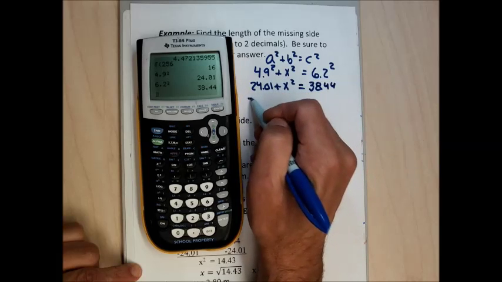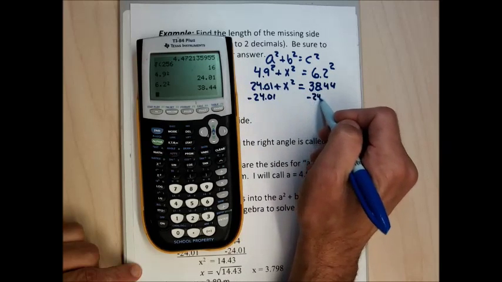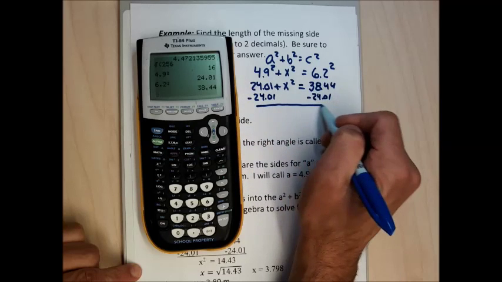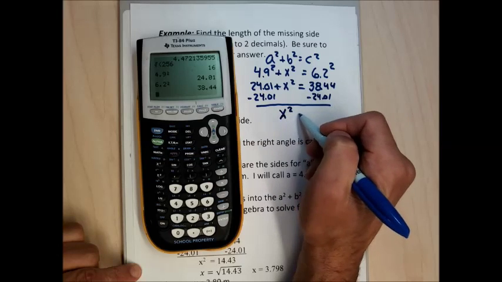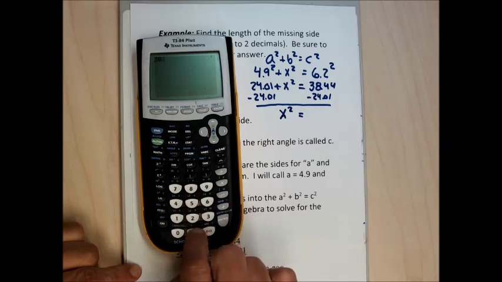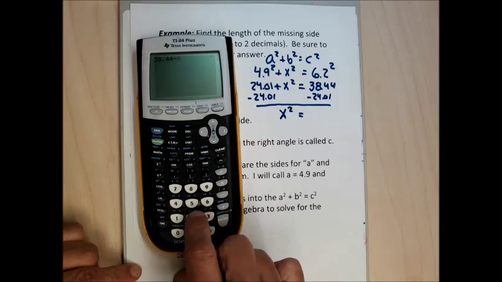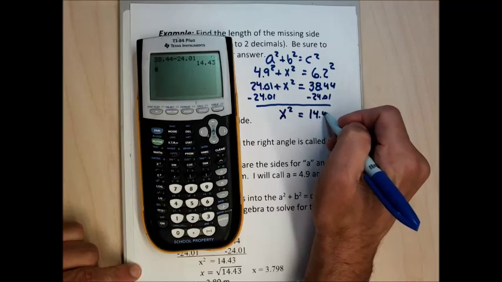Just like the last problem, I need to isolate the x squared term, so I'm going to minus 24.01 from both sides. On the left-hand side, the 24.01s are going to cancel. It'll isolate the x squared. And on the right-hand side, I need to do 38.44 minus 24.01, and I get 14.43.